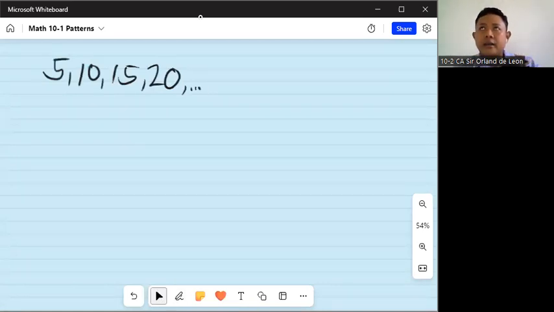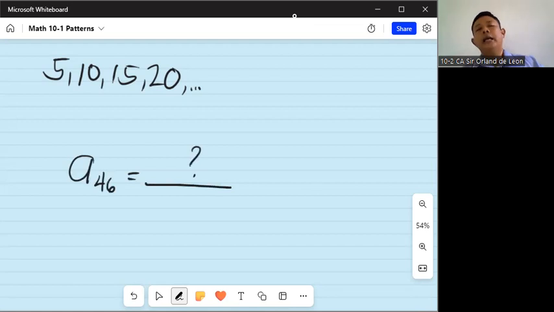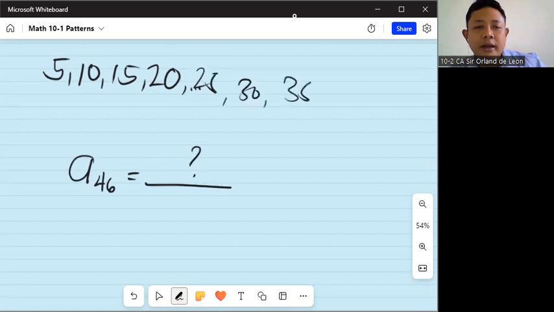Therefore, the pattern continues. What if we were asked to find A sub 46? Oh no. If we do the manual counting of 20, 25, 30, 35, 40, all your classmates are already finished answering the summative assessment and you're still doing the manual counting. Of course, I don't want that to happen to you.